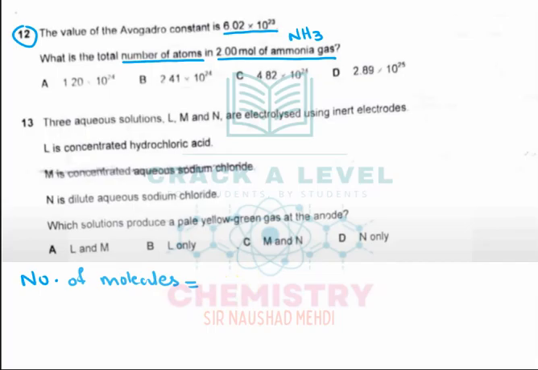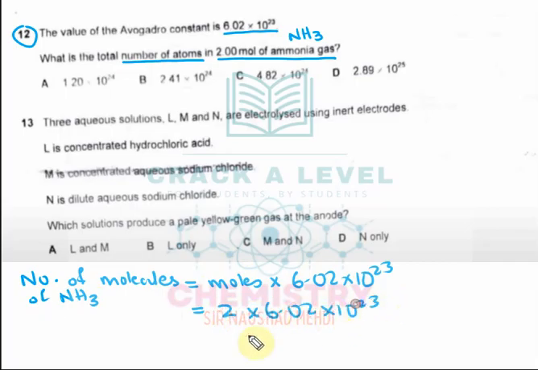So number of molecules of ammonia gas would be moles multiplied by Avogadro's constant. So moles we have 2, and we have to multiply it by the Avogadro's constant. So it would be 12.04 × 10 to the power 23.